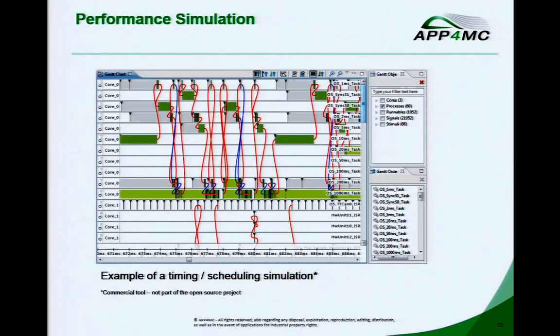And here are some light green areas where this process is stopped, another computation happens, and you have this kind of timing behavior. For example, this will happen every millisecond, this will happen every 2 milliseconds, and so on.